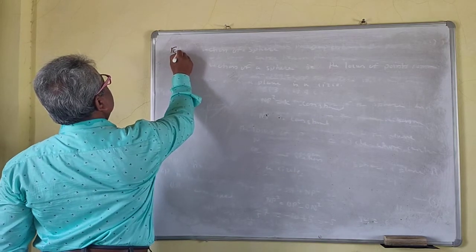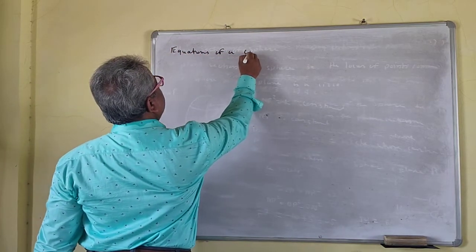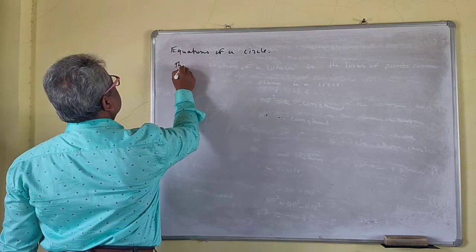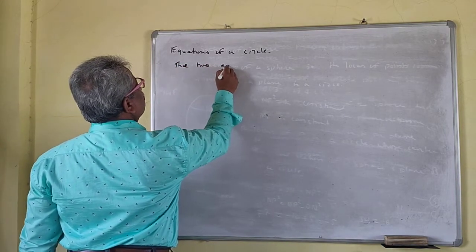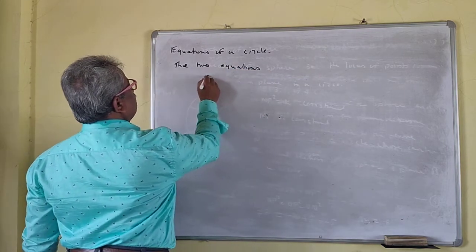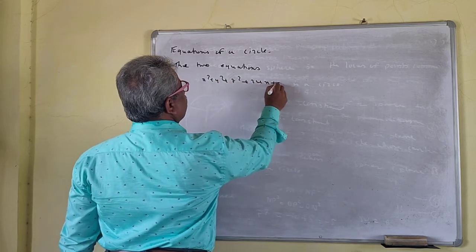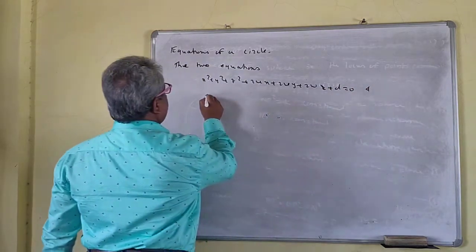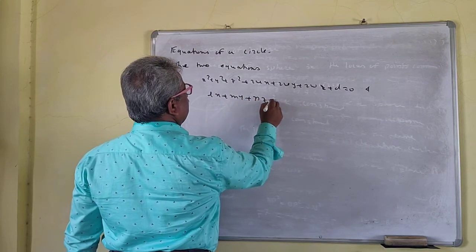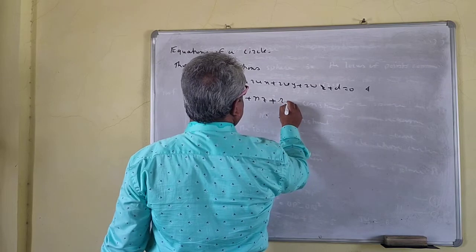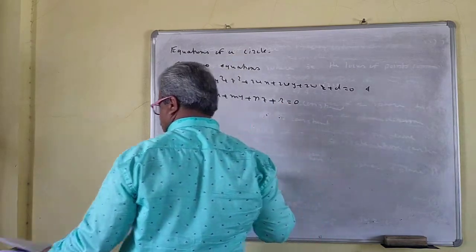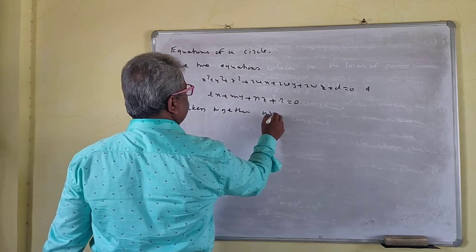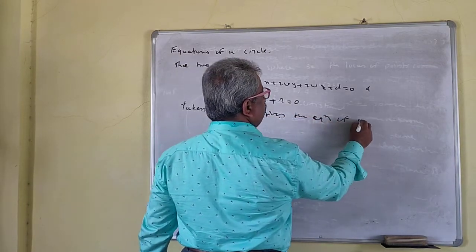Equations of a circle in 3 dimensions. The two equations x square plus y square plus z square plus twice ux plus twice vy plus twice wz plus d is equal to 0, and lx plus my plus nz plus r is equal to 0, taken together give the equations of a circle.